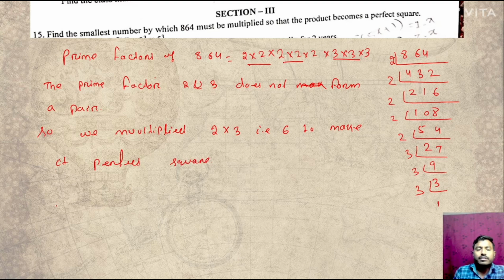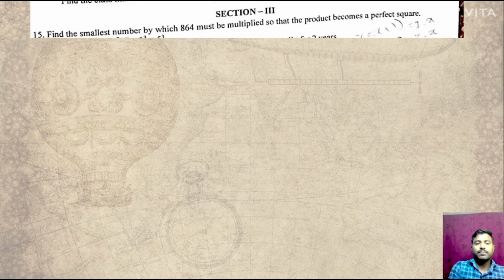So therefore the smallest number is 6. Next question.